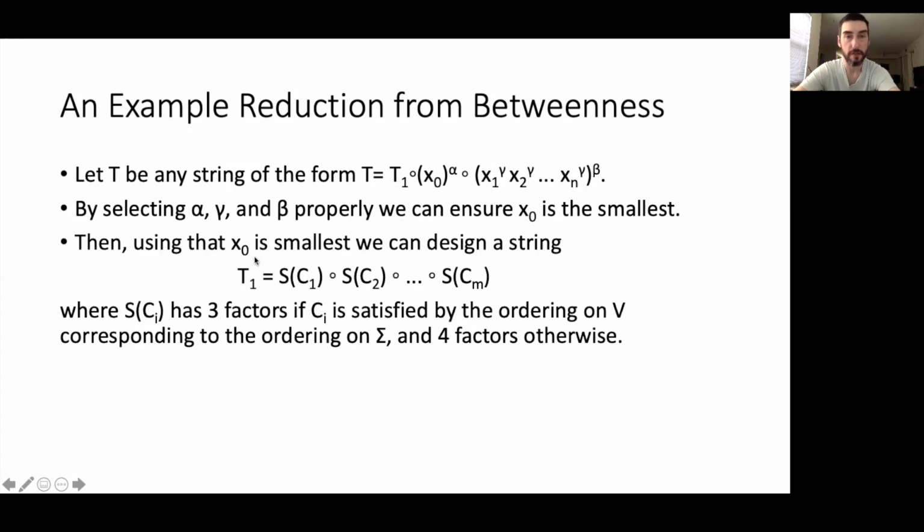And then using that x0 is the smallest symbol, our goal becomes to design T1 so that these different constraint gadgets, which I'll write as SCi for constraint gadget Ci, have 3 factors if the global ordering on V is satisfied and 4 otherwise. And by global ordering on V, I mean the ordering that you obtain by taking the ordering on the corresponding symbols of T.